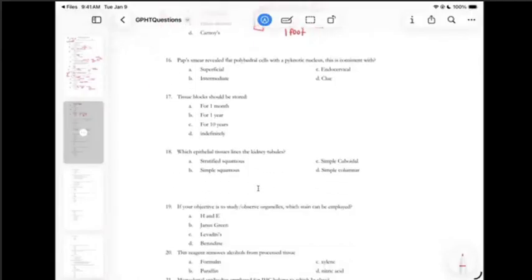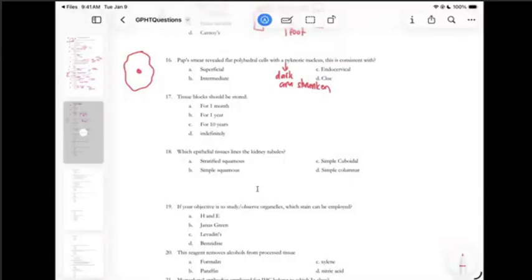Number 16, a Pap smear revealed flat polyhedral cells with a pycnotic nucleus. This is consistent with, you have a large flat polyhedral cell with a pycnotic nucleus. Pycnotic means dark and shrunken nucleus.